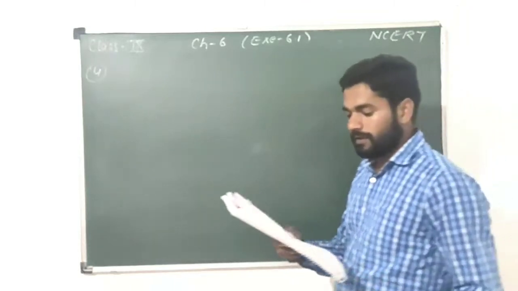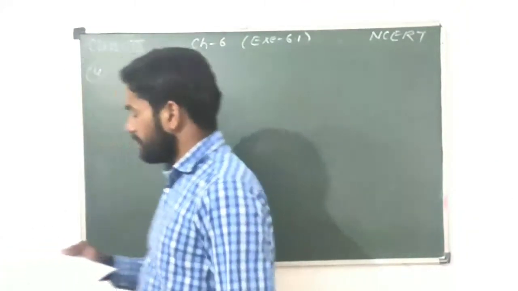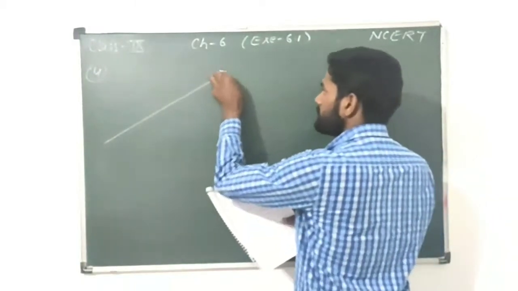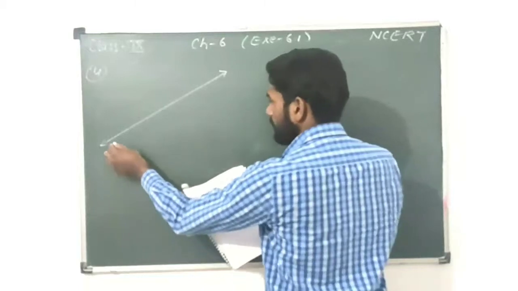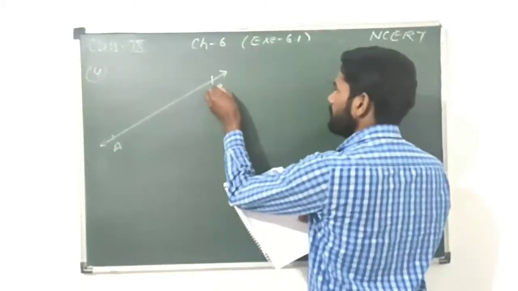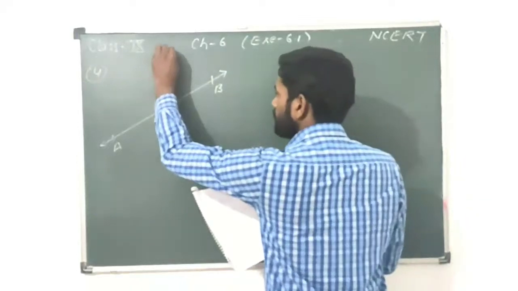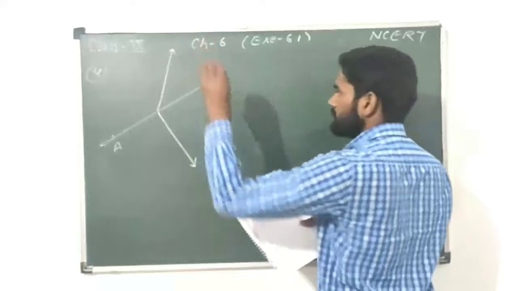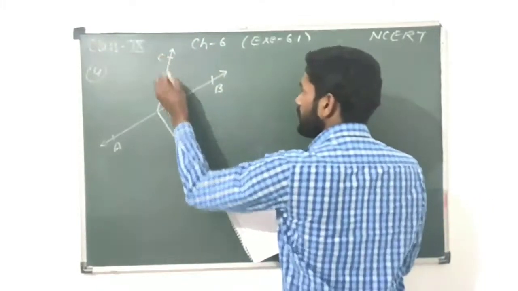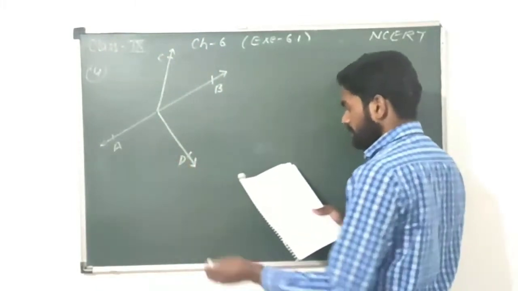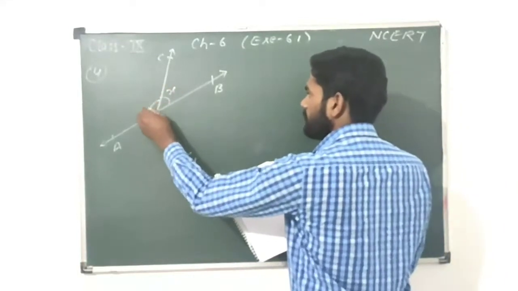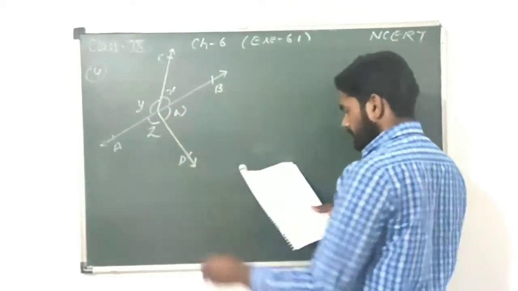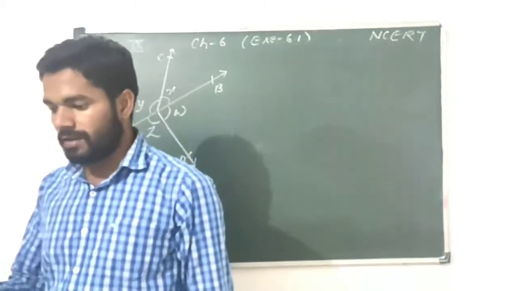A structure is given like this. It is point A, this is point B. A ray in this manner and another ray like this. This is the point C and another is D. x, y, z and w. These four angles are given here.